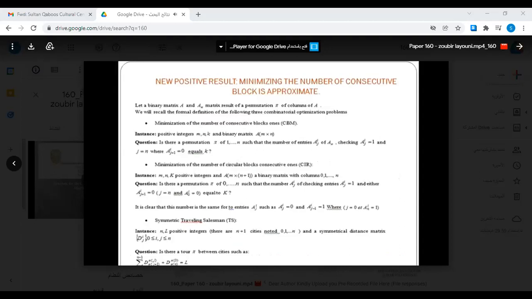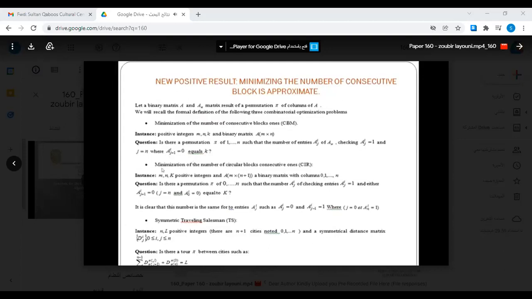The second part of our paper concerns the new positive result: minimizing the number of consecutive blocks is approximable. Here we recall the formal definitions of the following three combinatorial optimization problems. The first is the minimization of the number of consecutive ones blocks. The instance is a matrix with integers, and the question is: is there a permutation P such that the number of entries checking some condition is equal to K?